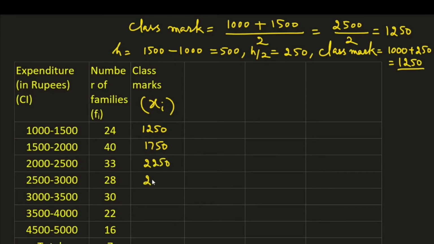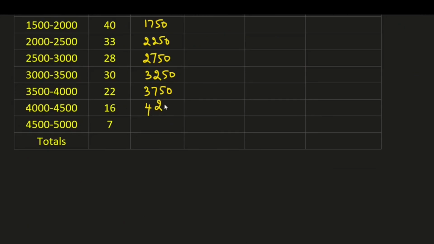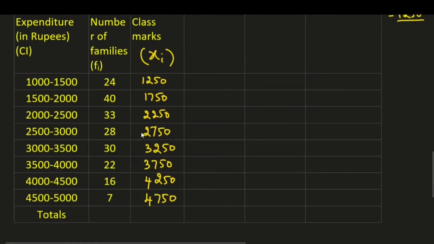Here 2750. Here 3250. 3750. Here 4250. Here 4750. Now we have written all xi values.